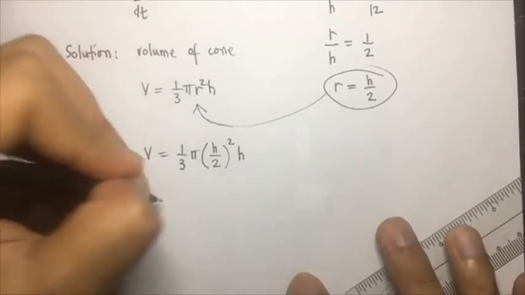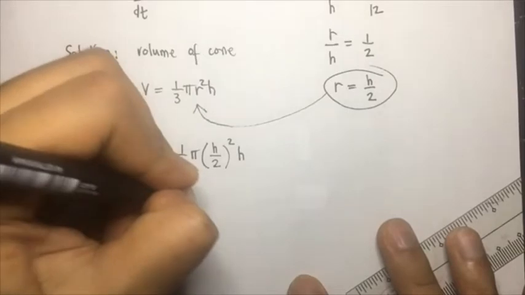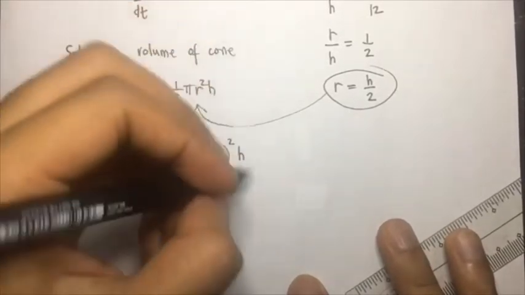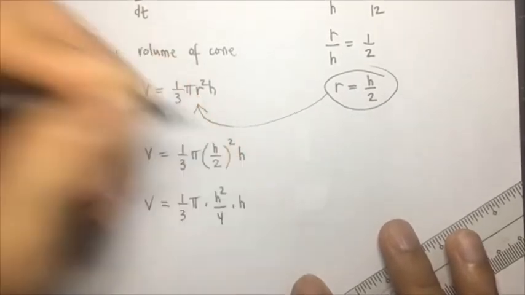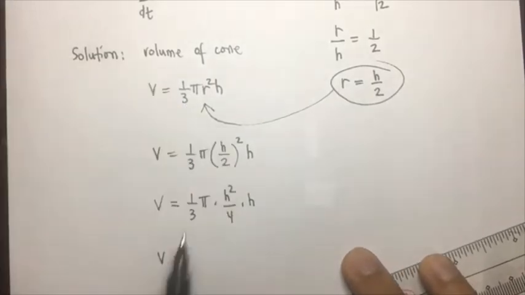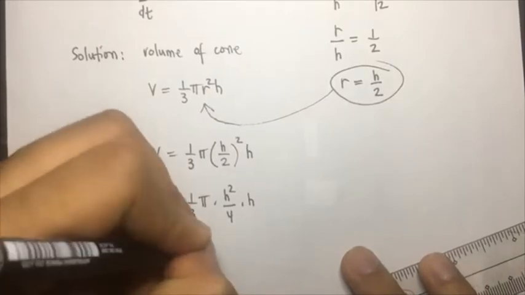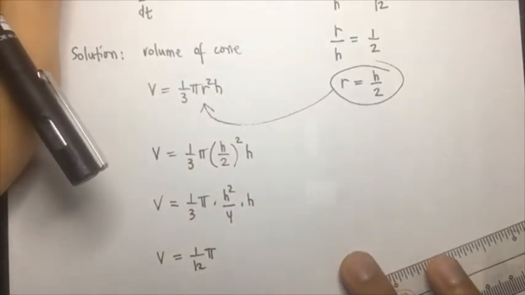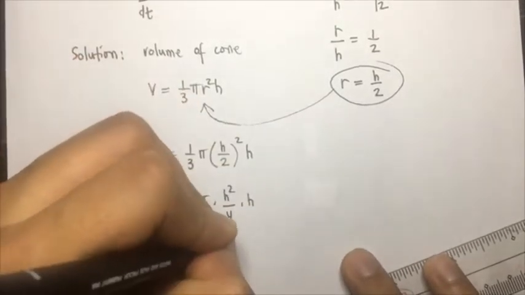So simplifying that, it will become V is equal to 1/3 pi multiplied by h squared over 4 times h. Okay, so our V now will become, 1/3 times 1/4, we have 1 over 12 pi h cubed.